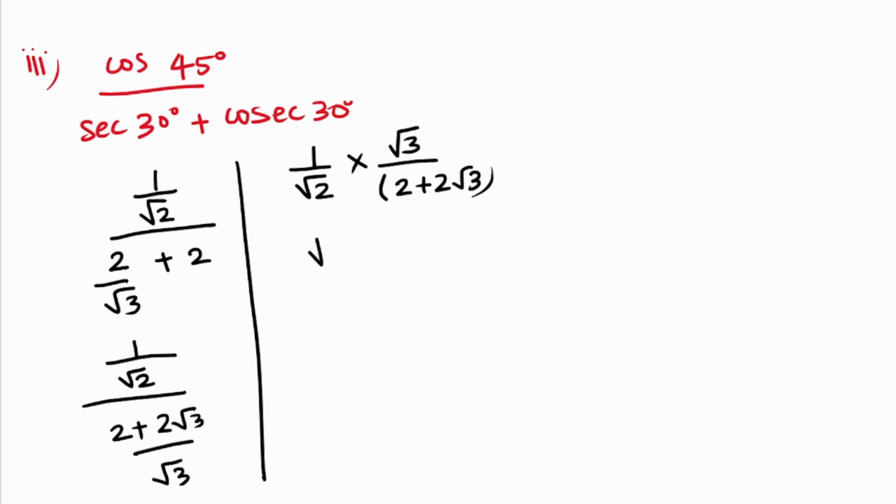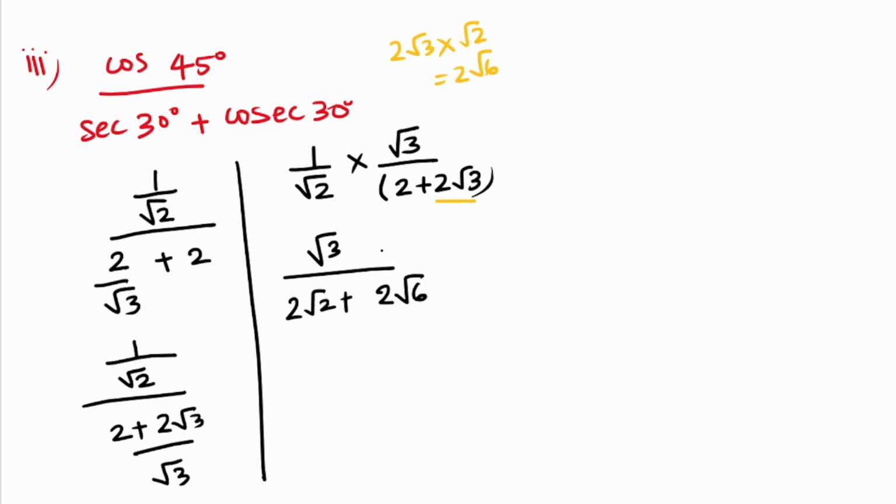So on multiplying, we'll get root 3 divided by root 2 into 2 is 2 root 2, plus 2 root 3 into root 2, that is 2 root 6. We just simply multiplied it. So you'll get 2 root 6.